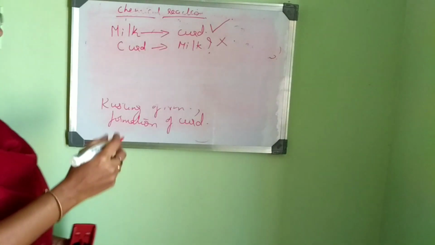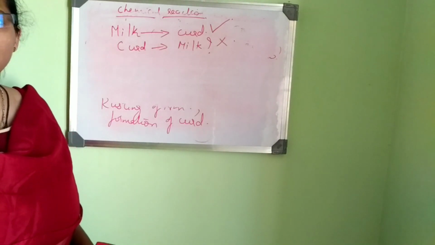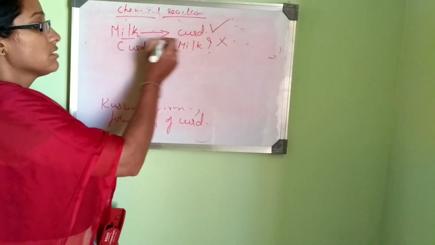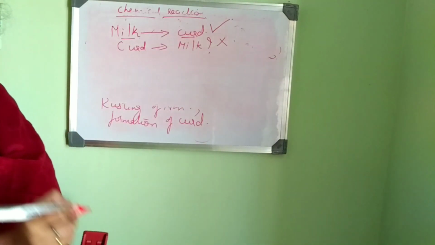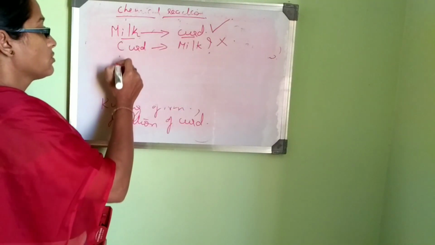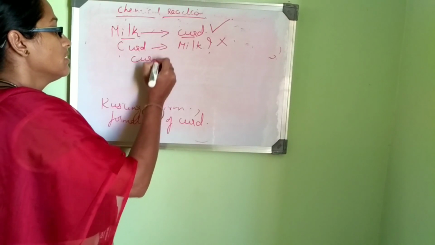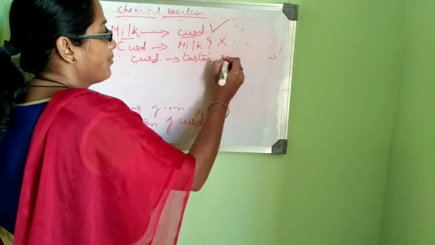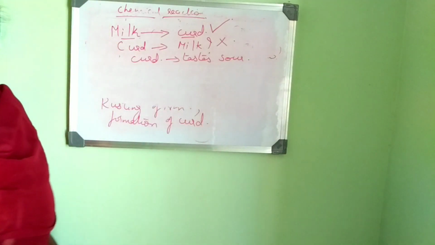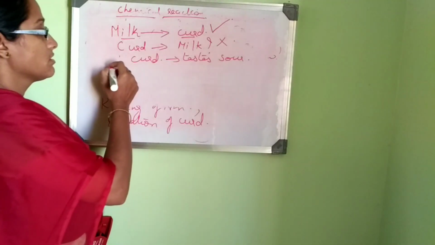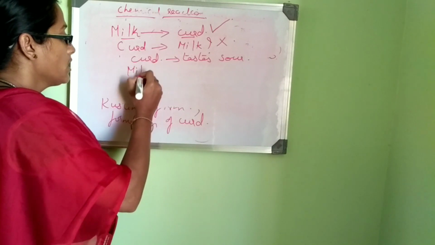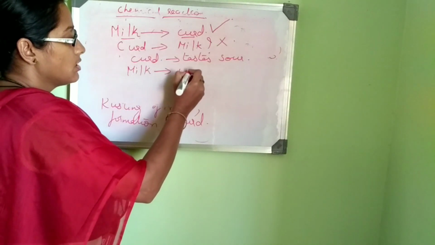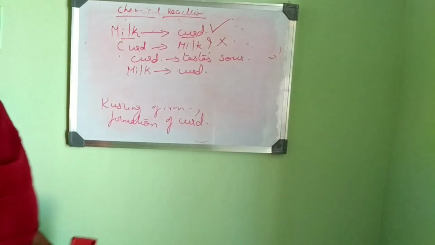We can understand with a simple experiment: by tasting the milk and the curd, you can see a difference of taste. The curd tastes sour. Why does it taste sour? Because there is a chemical reaction that has happened while the milk turns to curd.